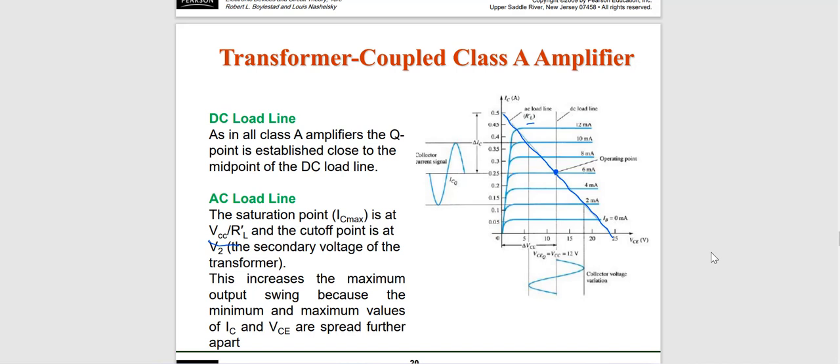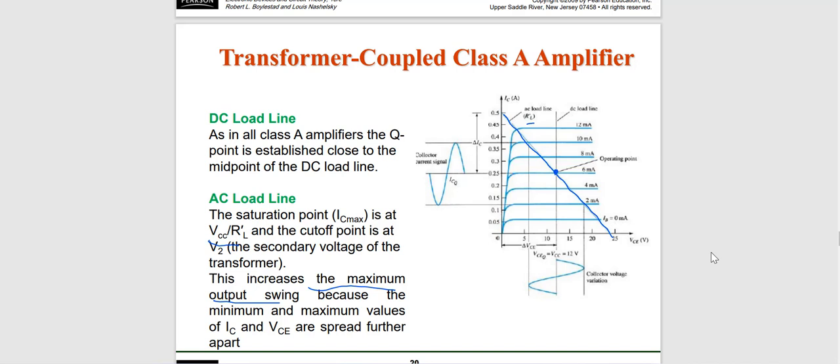Because we can change the IC max to VCC per R'L and also the cutoff point to the V2 secondary voltage, it will increase the maximum output swing, because the minimum and maximum values of IC and VCE are spread farther apart.